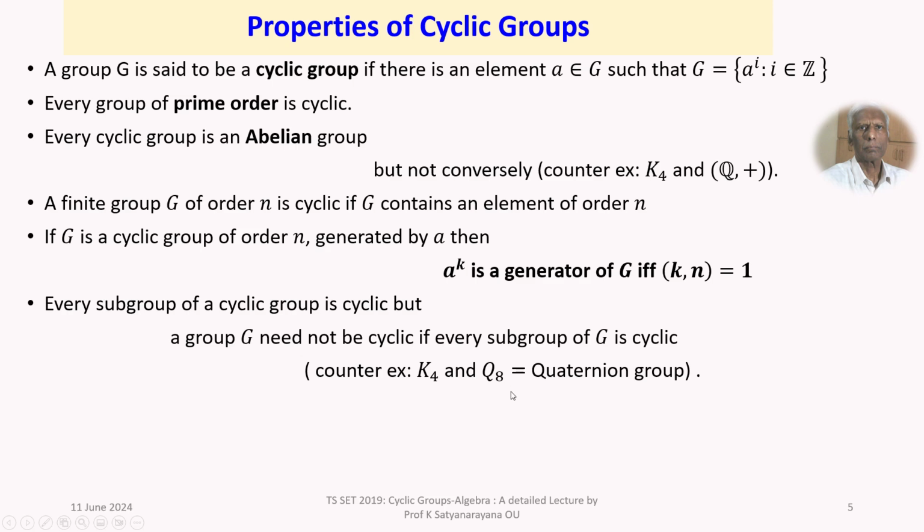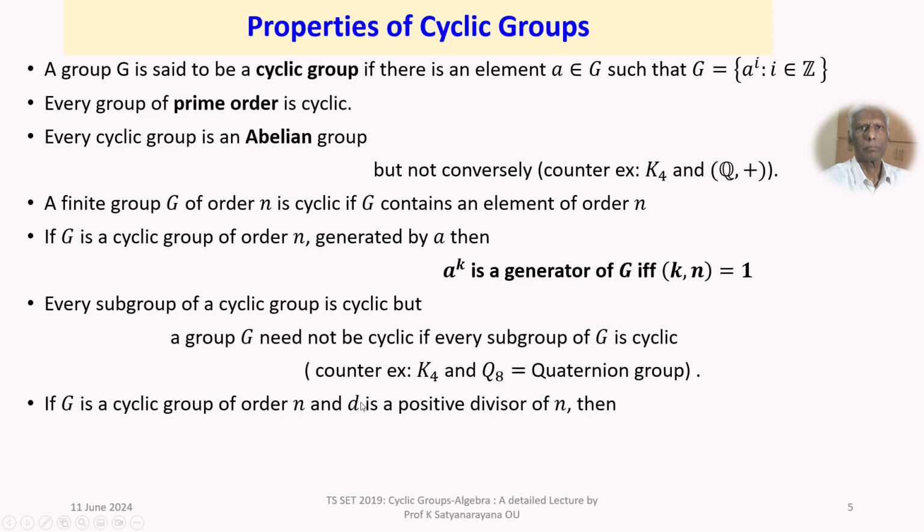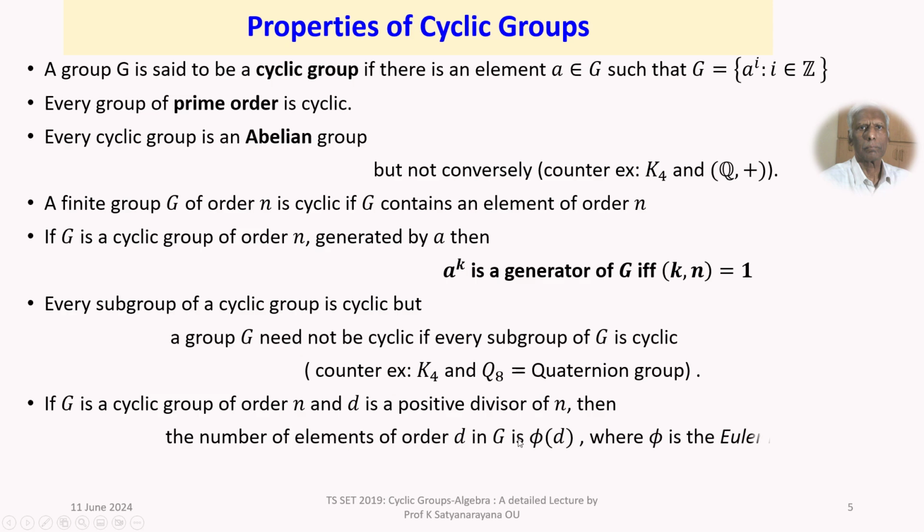Counterexamples are very important for all the competitive examinations, like SET examinations and CSIR NET examinations and so on. If G is a cyclic group of order n and d is a divisor of n, it's a very important property, then the number of elements of order d in G is phi of d.